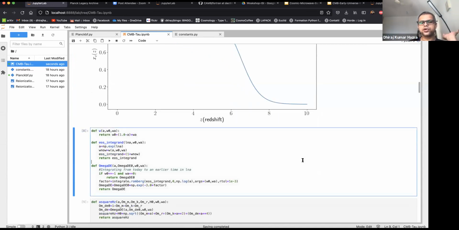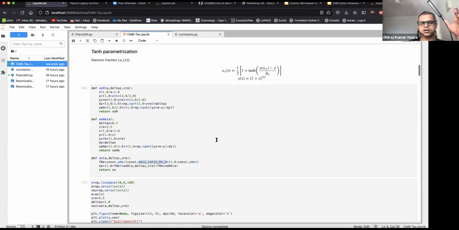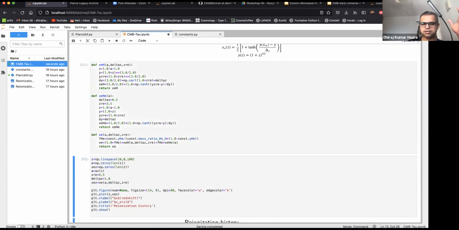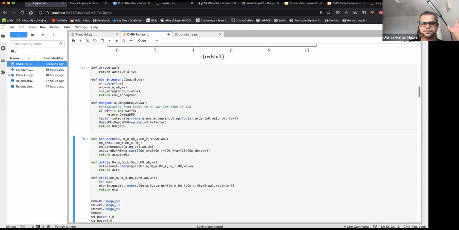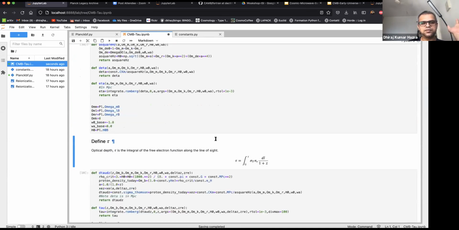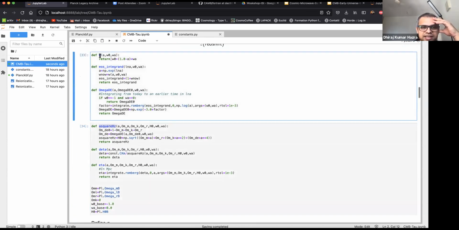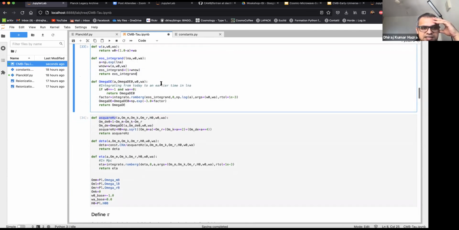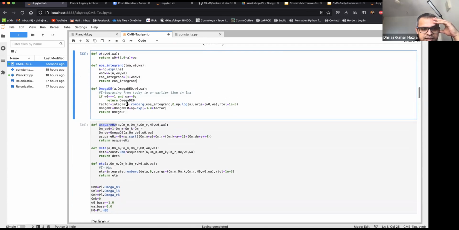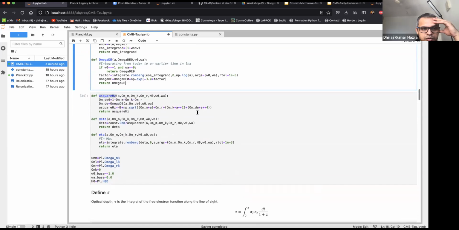Okay, now I'm going to discuss how the Markov chain Monte Carlo works. I'm not going to discuss in detail, but simply you have defined. So what I'm doing is defining different quantities: a squared times H(z). I am also defining the dark energy equation of state. We can discuss this in great detail later. And now I have defined omega dark energy.